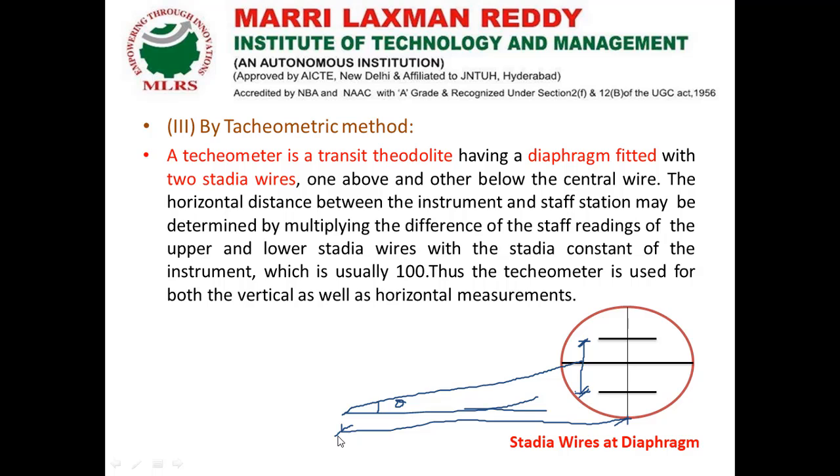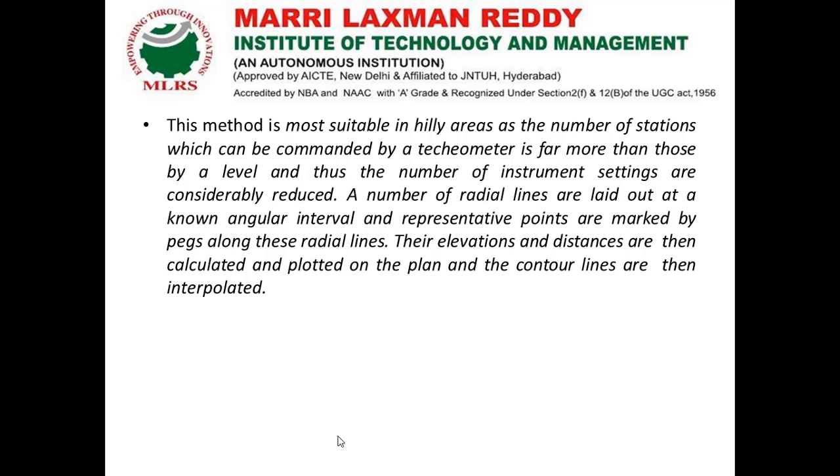Because of this undulation, if we use the tape, we may get the length along the undulated ground. So we need only the horizontal distance between the instrument and the leveling staff. That's why we use this tachyometric method. So these are all the methods which we are going to use for finding the contour.